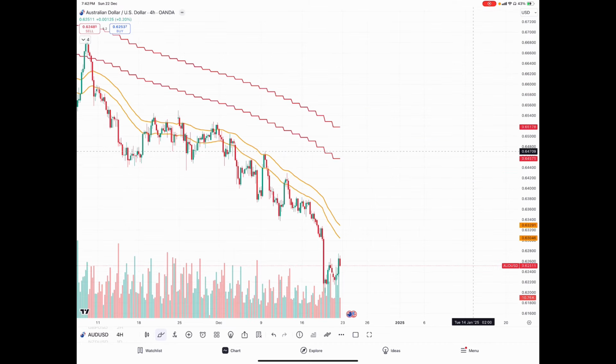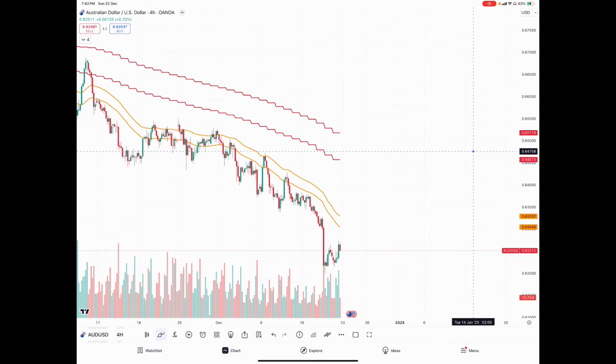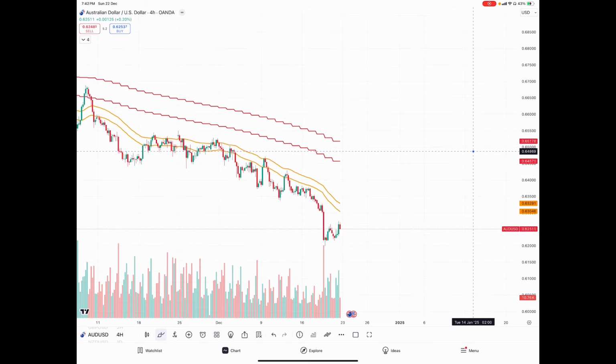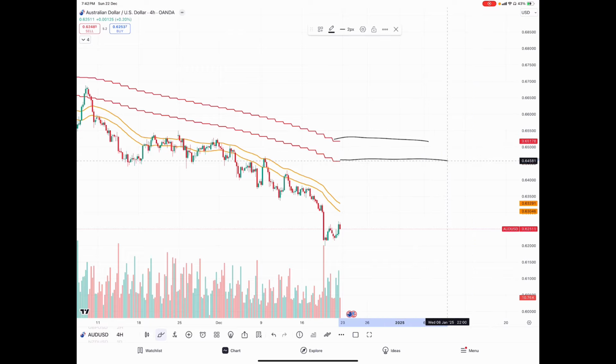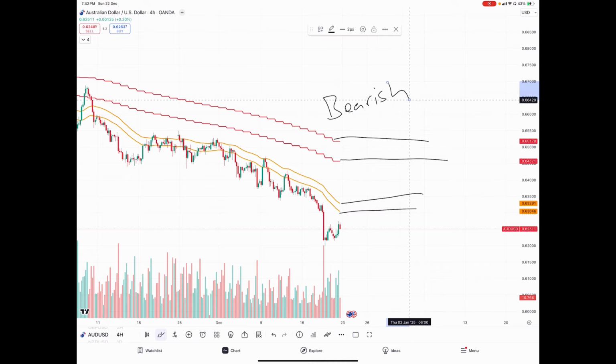Now let's look at Australian dollar and US dollar. It is trending the same way as the British pound and US dollar. So it's the same thing. Red lines are above, orange lines are below. So it's bearish. So we'll only look for bearish entries.